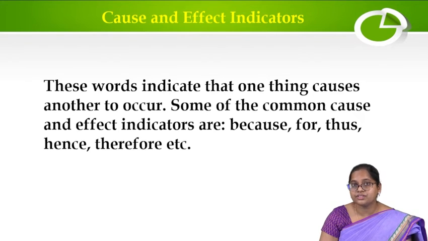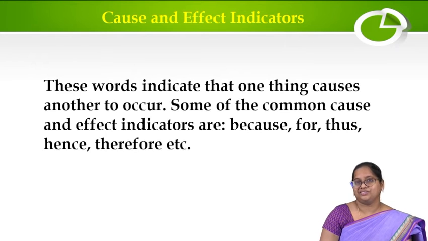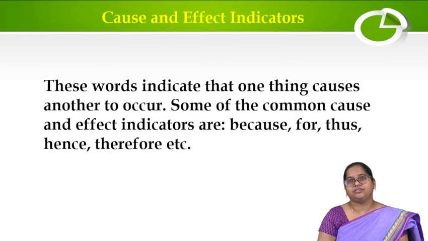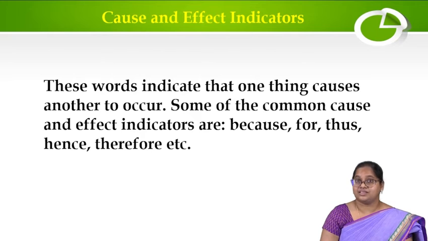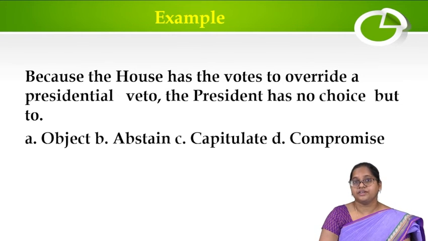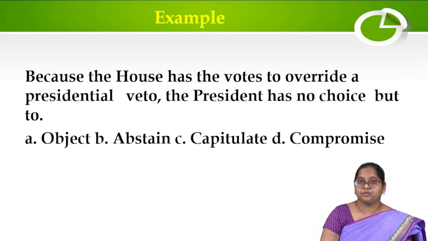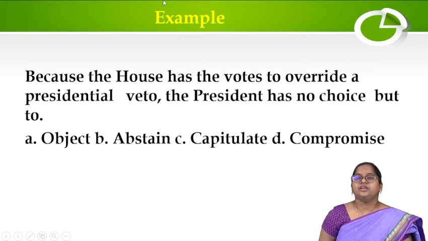Because of that situation, you have to realize this is the negative repercussion of it, right? So because of that, thus, for, therefore, hence, all that. These are cause and effect indicators. You have to be mindful of it. Right, let's take another example.